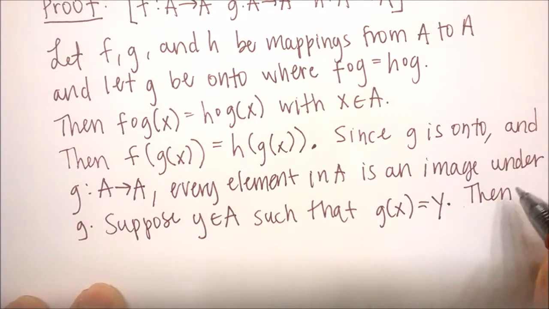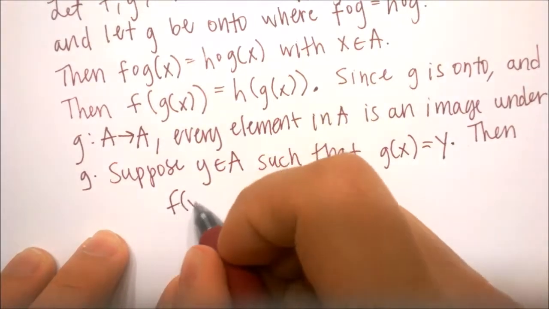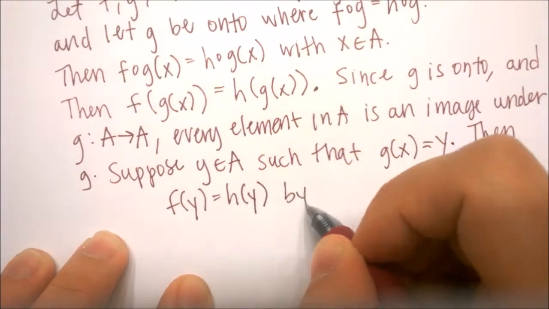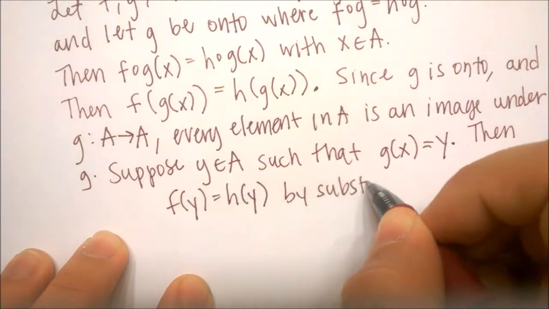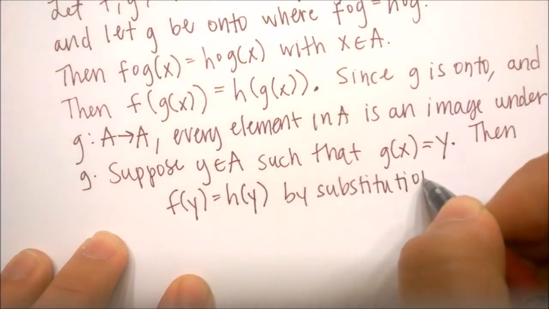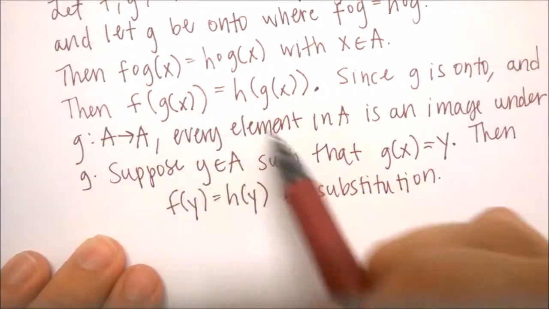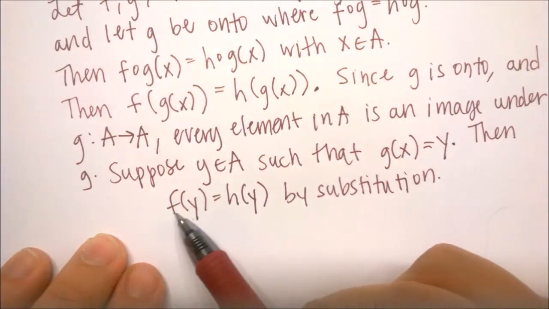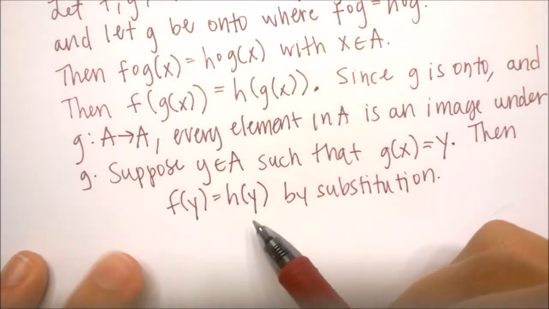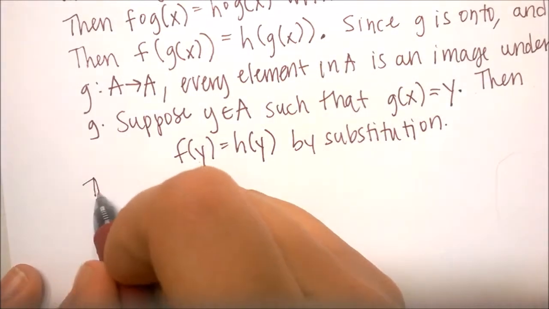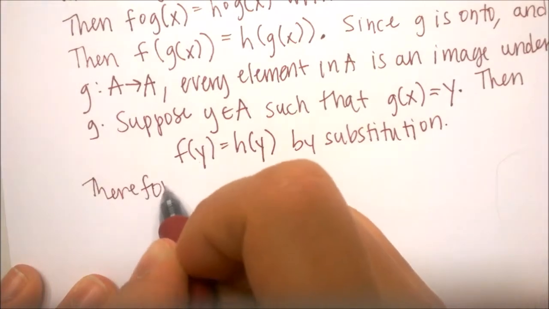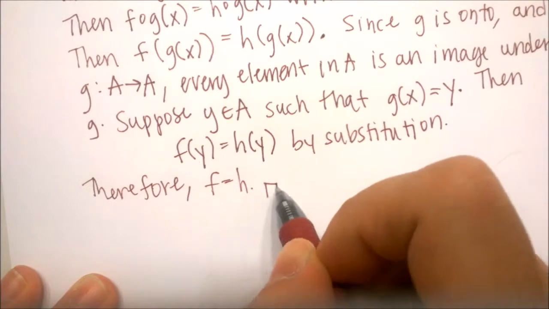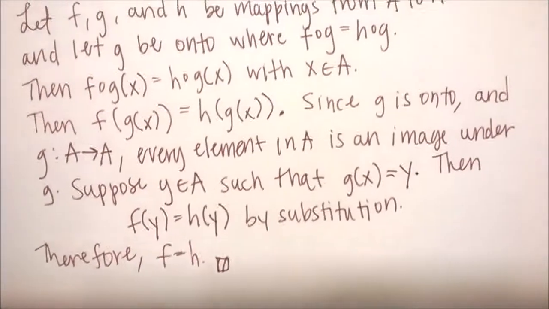Then F of Y equals H of Y by substitution. So if you just take this, since we said G of X equals Y, just plug it in here. And now we have F of Y equals H of Y. So therefore, F equals H. And that's the conclusion we wanted to come to.